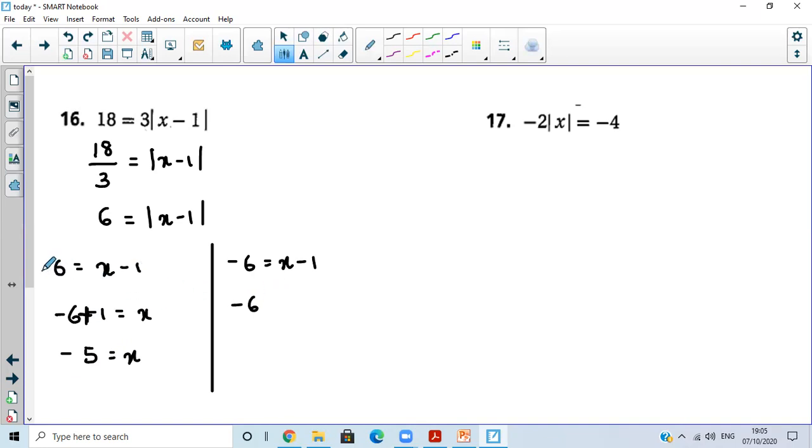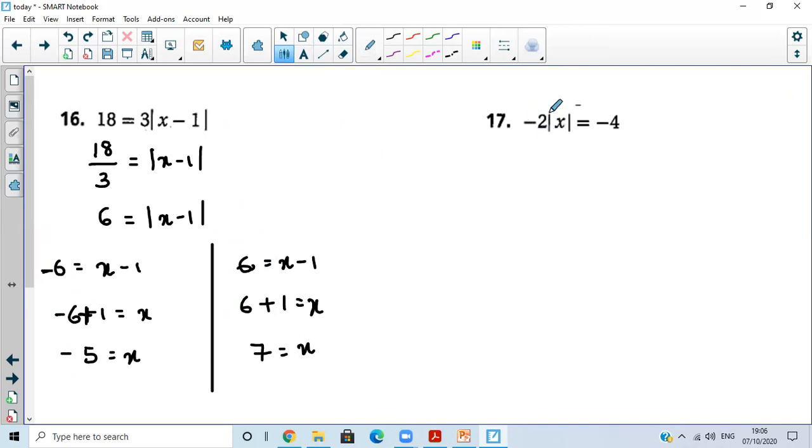Let me change the other one here. 6 equals x minus 1. So 6 plus 1 equals x. So this is going to be 7 equals x. Here I wrote the minus 1 first and here the positive 1 first. So it doesn't matter which order you write, but the answer can be one negative and one positive. So x can be negative 5 or x can be 7.